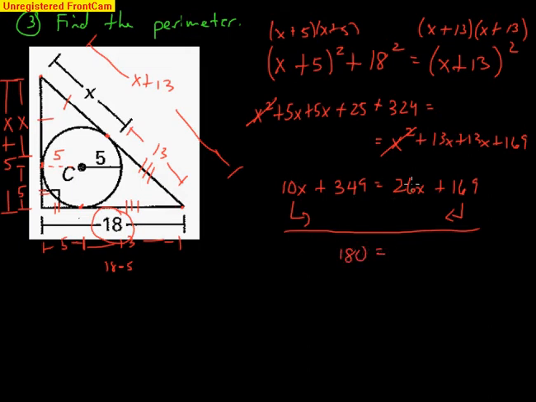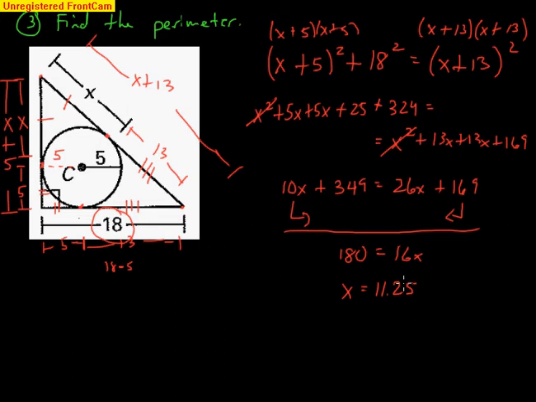And 26x minus 10x is 16x. And then when you take 180 divided by 16, you get 11.25. And there's going to be the value of x.